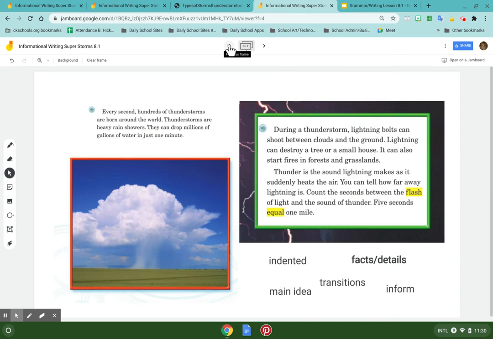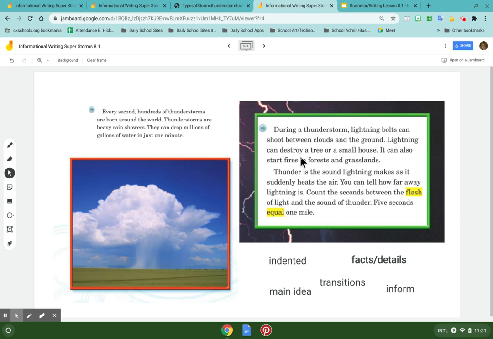So if we go back to this one, this is usually where it's going to tell you what they're going to be writing about. And it says every second, hundreds of thunderstorms are born around the world. Thunderstorms are heavy rain showers. They can drop millions of gallons of water in just a minute. So now we know that we're talking about thunderstorms, that now they're supporting it with that it's got heavy rain and that it can drop millions of gallons in 1 minute.